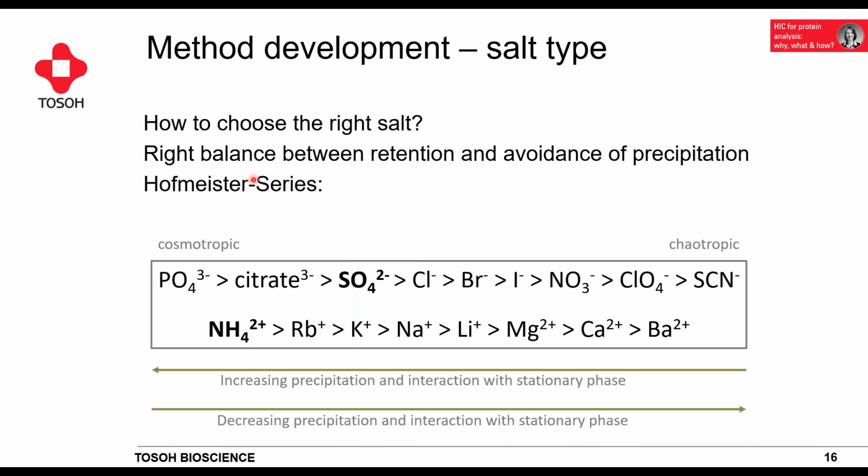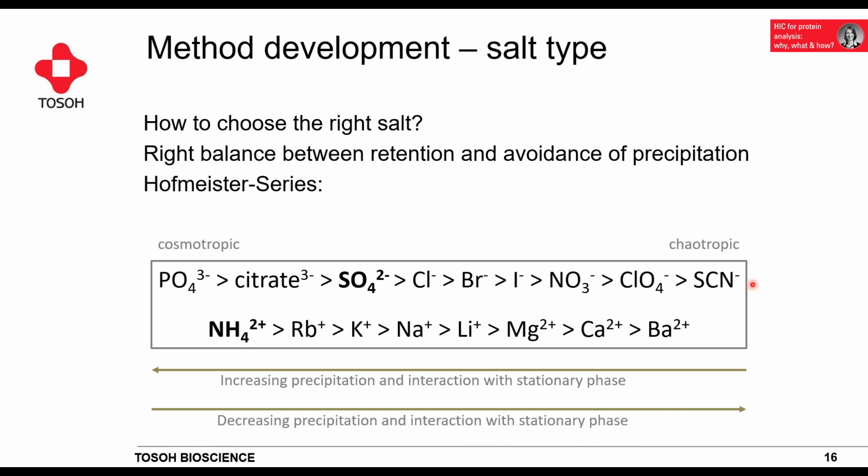So what we will find is rather kosmotropic salts, and kosmotropic means we have increasing precipitation and increasing interaction with the stationary phase. So if you find that a molecule doesn't bind to your stationary phase or is not retained, you may want to try something that is rather in this region of the Hofmeister series.